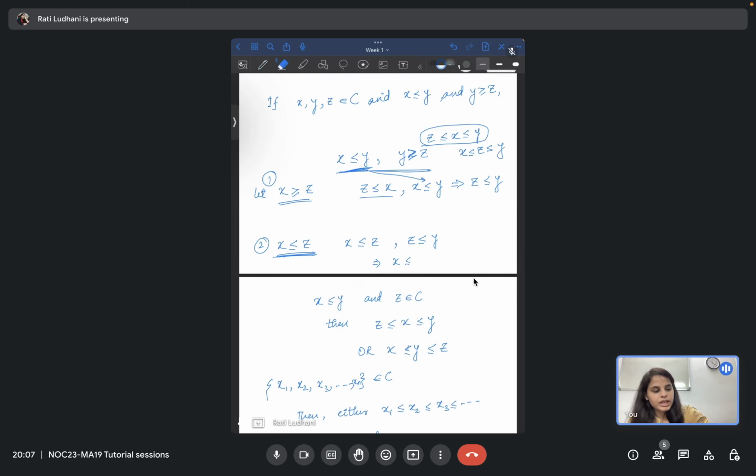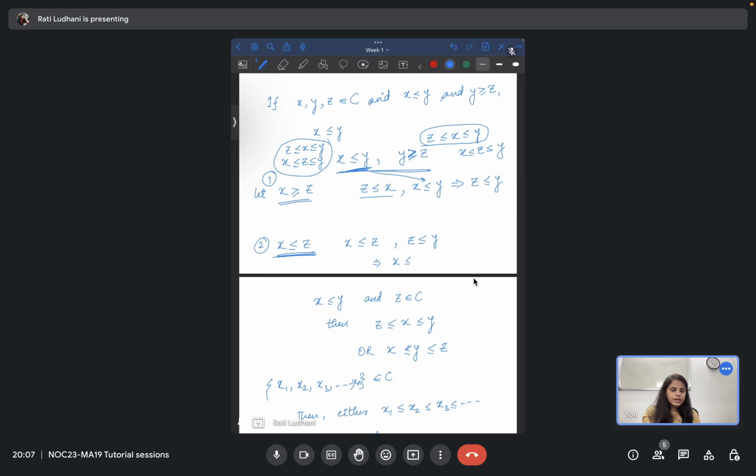I should take 4 elements to check it, because if you have x less than or equal to y, and y is bigger than z, then z could come in wherever it might be. For example, it could be like this, or it could be like this. Both are possibilities, both are forming a chain, right?